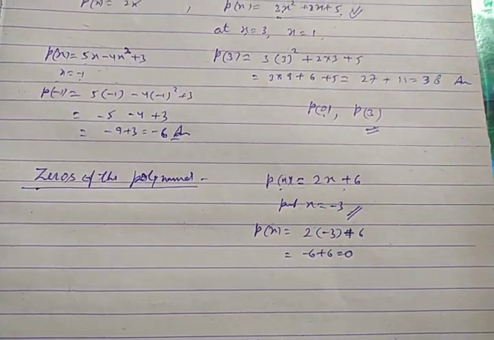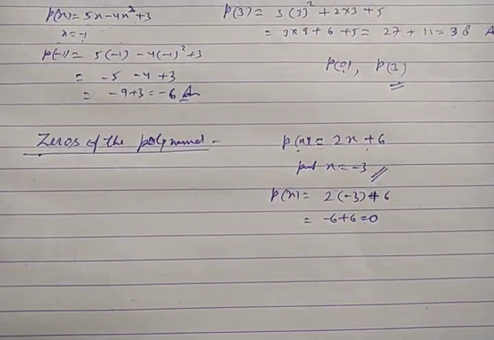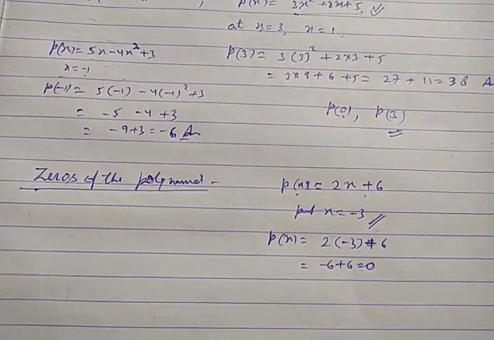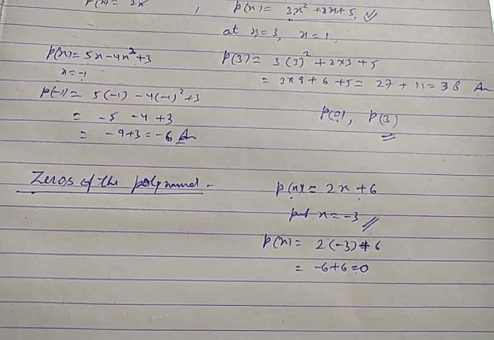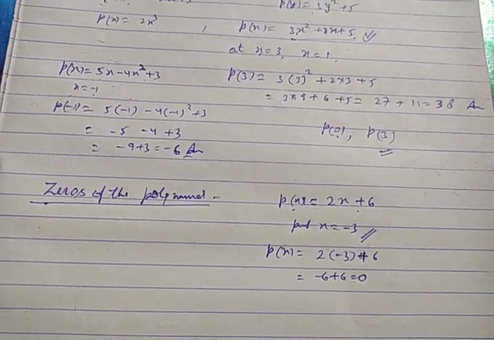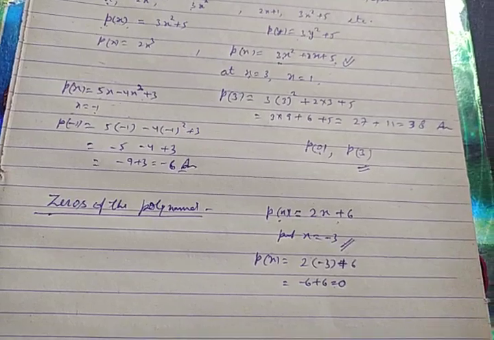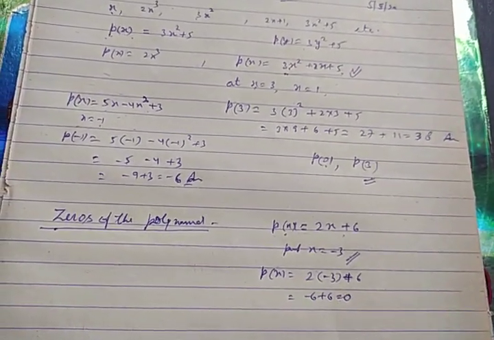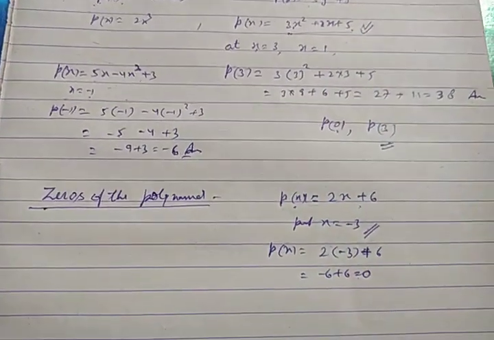It means you should understand that the values of x at which the given polynomial becomes 0 are called the zeros of the polynomial. Zeros means such values of x at which the equation or given polynomial is becoming 0. This is also called the equation.